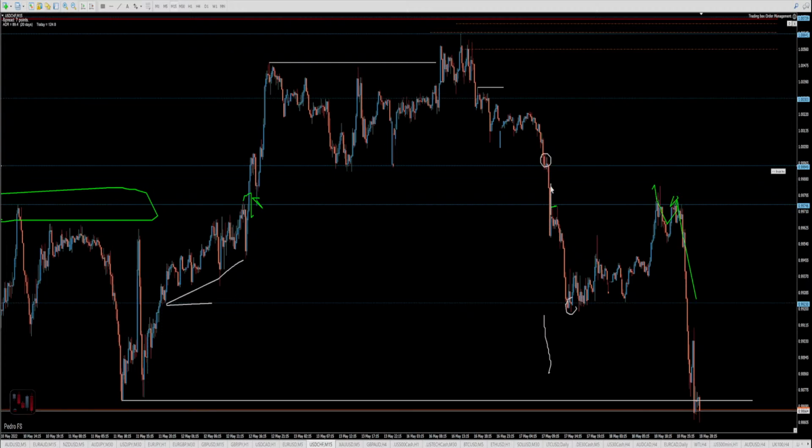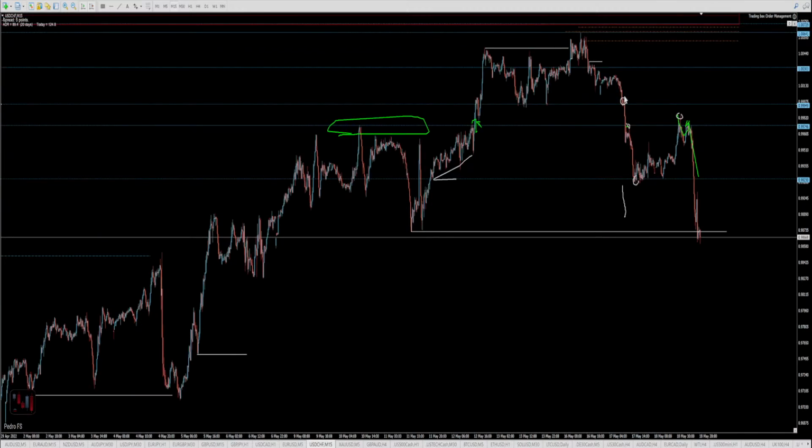Price broke, decided to go to the downside, and now these highs and even these ones should have actually corrected out these orders. It didn't, so price stopped in there, and price decided to go. So in the future this can be a good zone to look for a possible reaction.